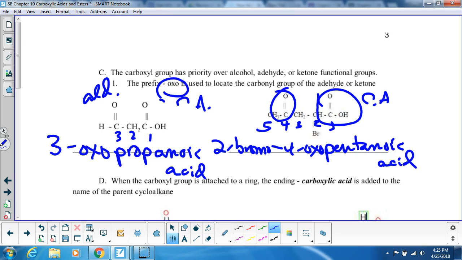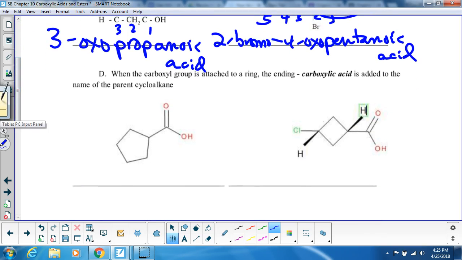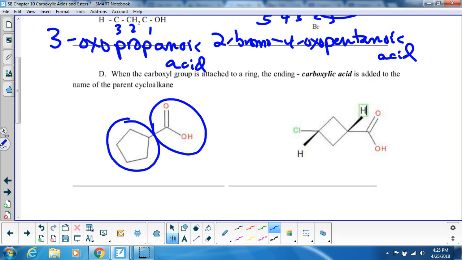Okay. How about the next one down? There we go. When the carboxyl group is attached to a ring, the ending carboxylic acid is used to name the parent cycloalkane. So here we go. So this is my parent. So in a sense, the cyclo now takes priority, but the ending will be carboxylic acid.